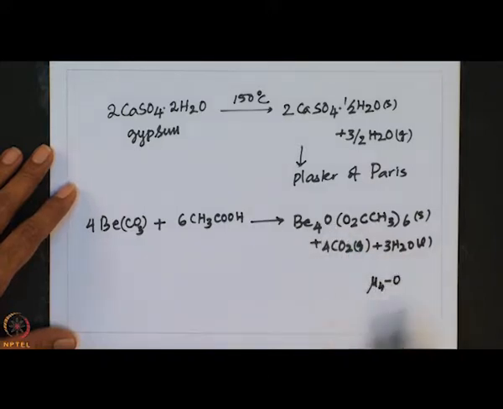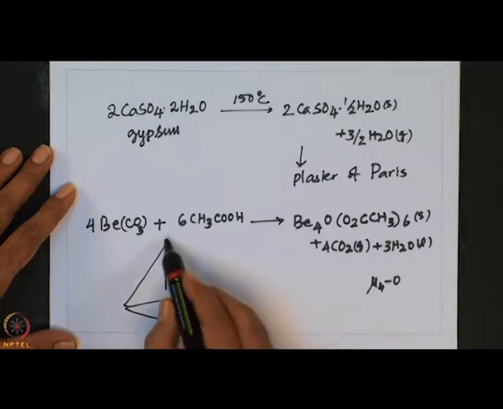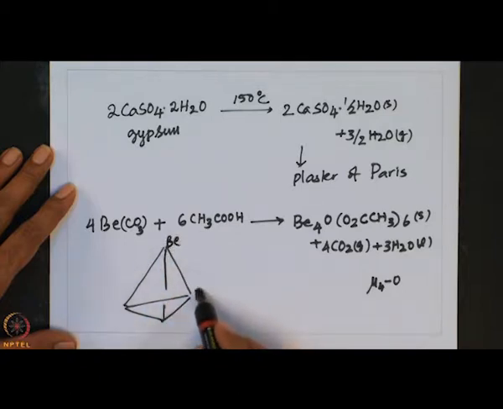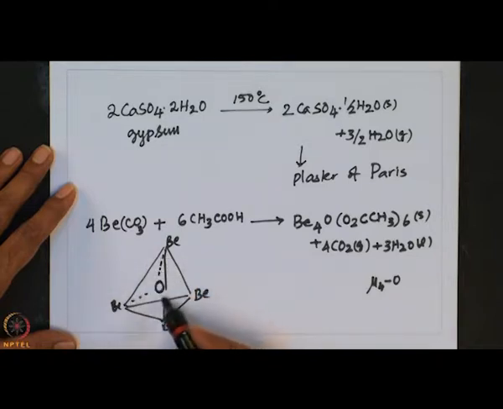That means, essentially one can imagine a tetrahedron something like this, where we can place beryllium atoms. At the center, we have to put oxygen and establish bonds with all the 4.